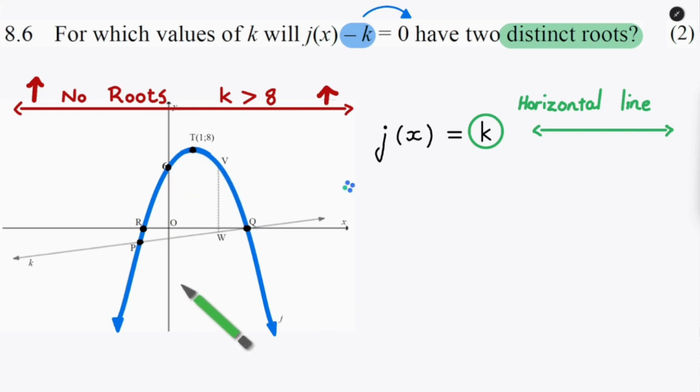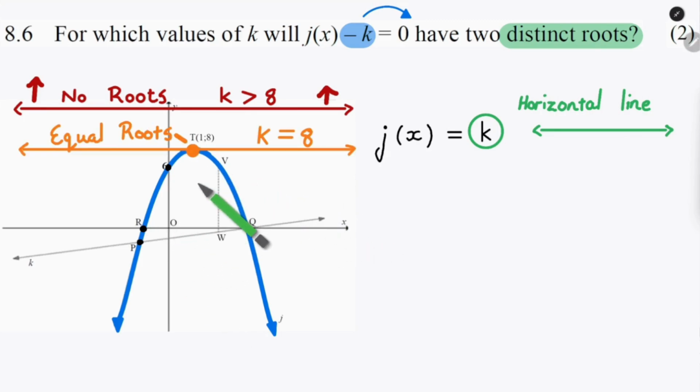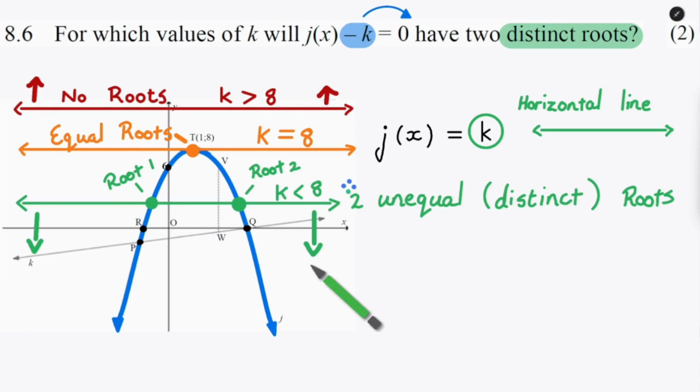And then I can place it exactly on 8, and then it touches my parabola once over here, and we regard that as equal roots. And the other place I can put it is below 8. And when I put this line below 8, I'm going to get 2 separate roots. Now what's important to realize with these questions is the intersection points between your parabola j and this horizontal line k are the roots they're actually talking about.